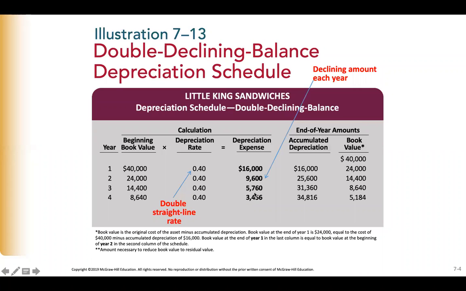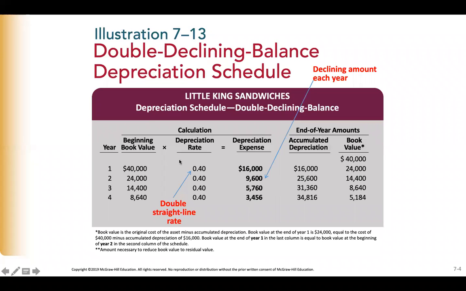Depreciation is $5,760, to end up with accumulated depreciation of $31,360 and book value of $8,640. Pull the $8,640 down to year 4. Take 40%: $3,456. Accumulated depreciation is the prior year plus the depreciation expense, to get a book value of $5,184 at the end of year 4.